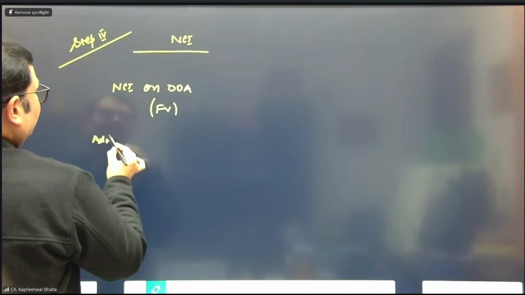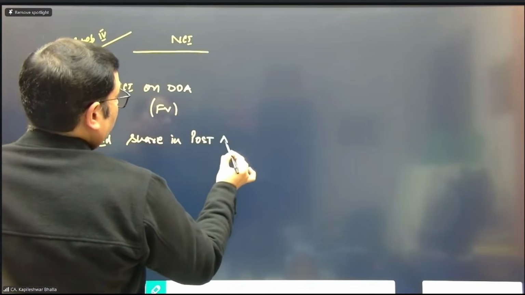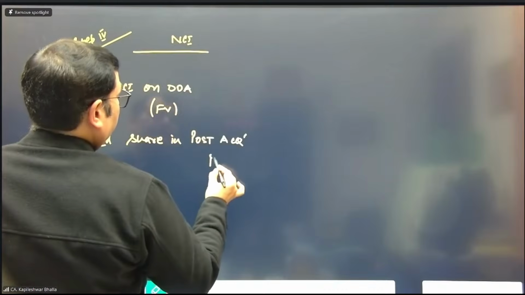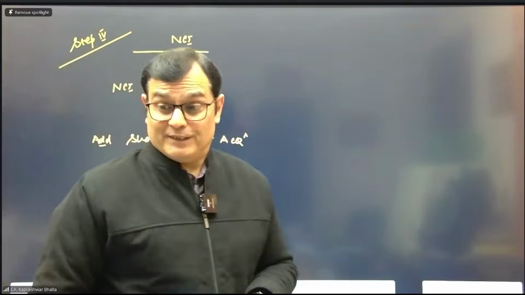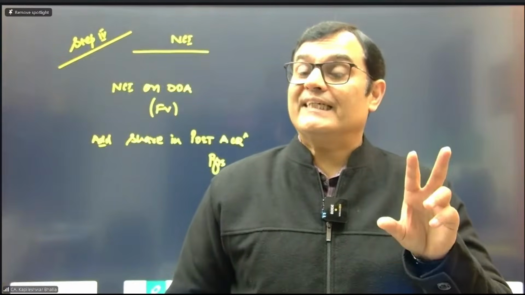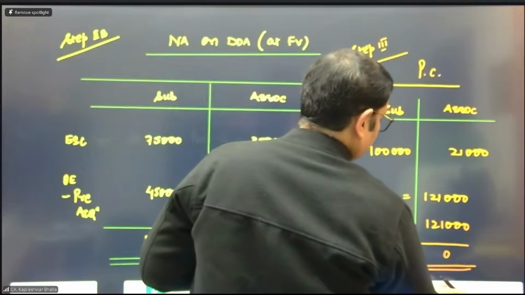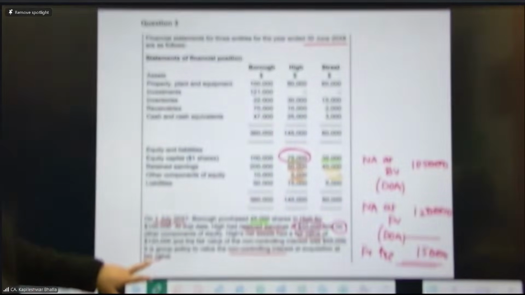And to this, we add the share in post-acquisition profits. And anything else which needs to be taken? Any focus point on the NCI? So let's pick up the NCI on the date of acquisition. Is it a fair value? Yes.